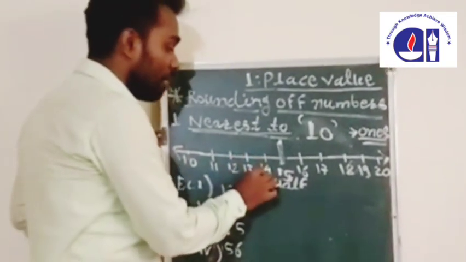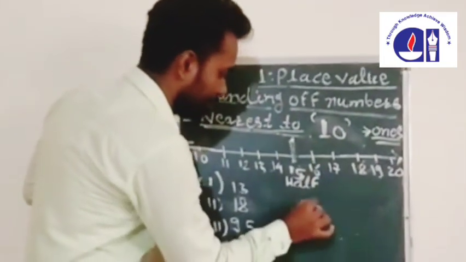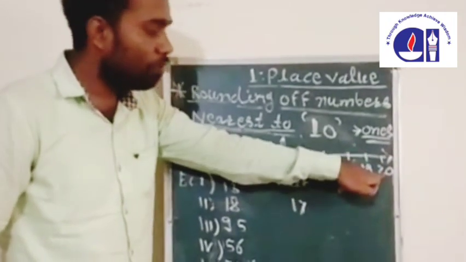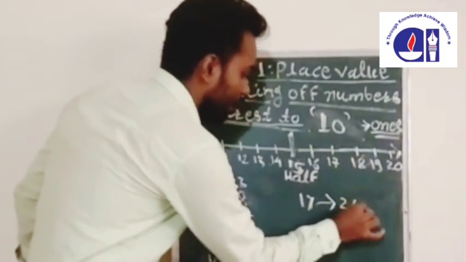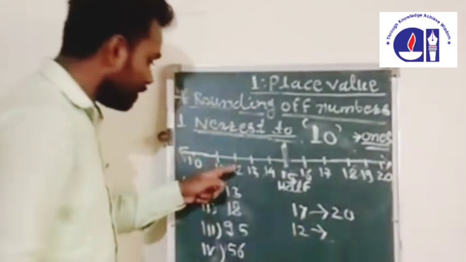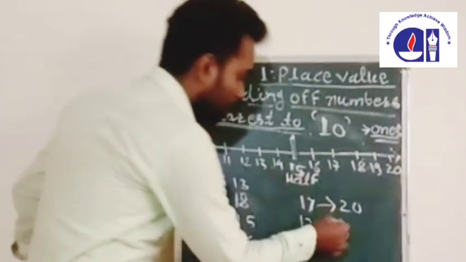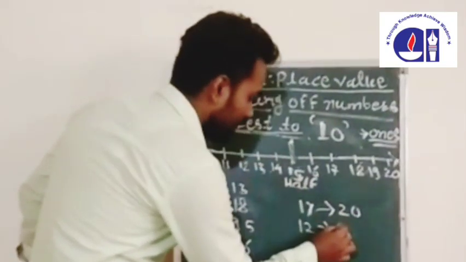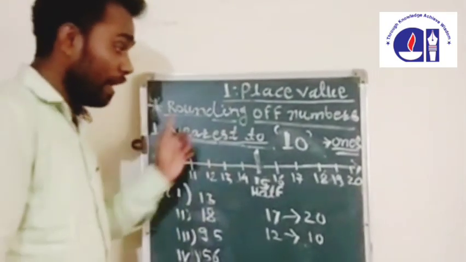But if the numbers are from 15 to 20, for example the number given is 17, this 17 is nearest to which 10? 20. If the number given is 12, the 12 is nearest to which 10? That is 10. So I hope that you understood by the number line.